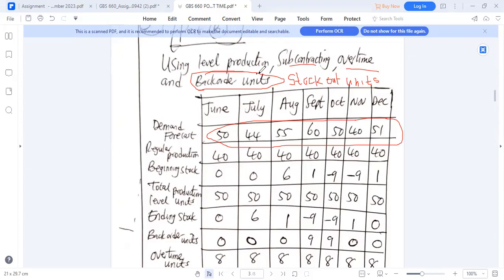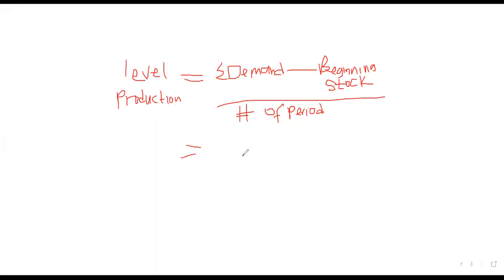So the summation of demand, we are going to say it is the 50, then plus the 44, then plus what? The 55, then plus what? The 60, then plus what?